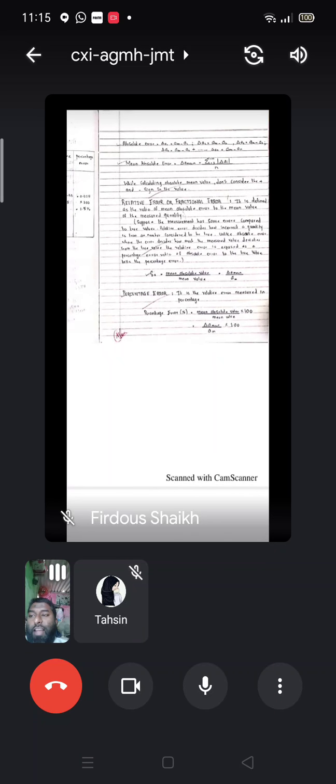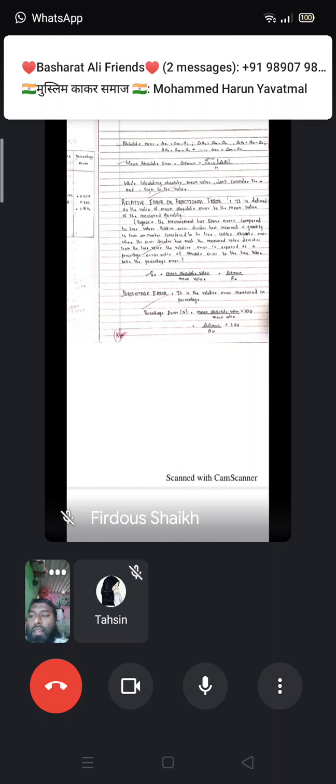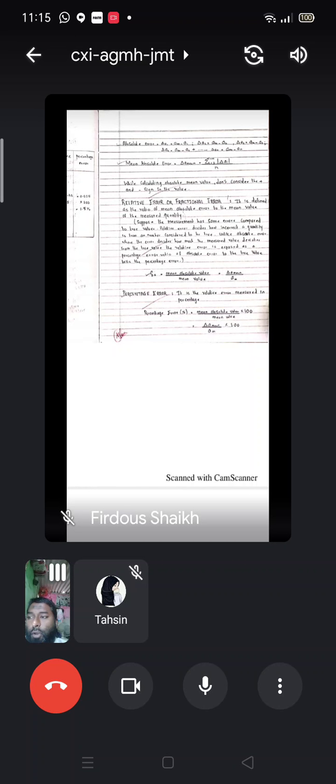Suppose the measurement has some errors compared to the true value. Relative error decides how incorrect a quantity is compared to what is considered to be true. Unlike absolute error, where the error decides how much the measured value deviates from the true value, the relative error is expressed as a percentage error.